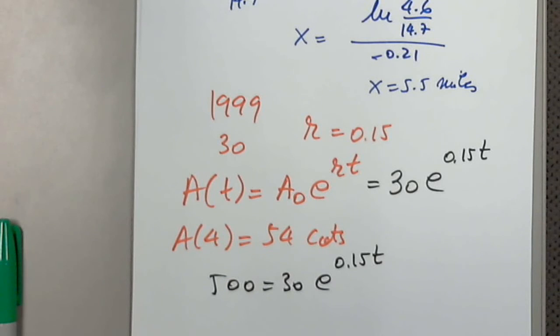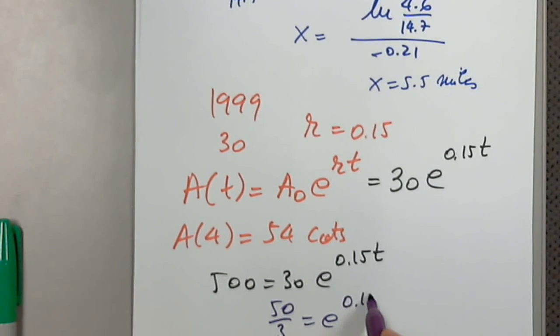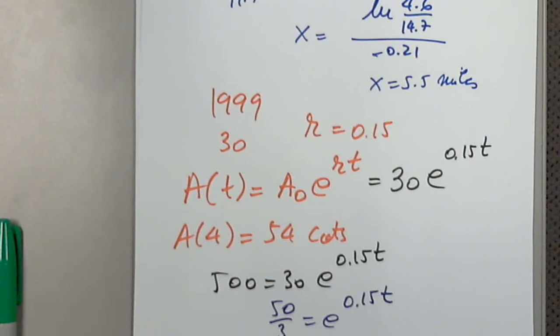First, I'm looking at it and asking, what is this? It's exponential. Then I ask myself, is it ready? The answer is no. So I have 50 divided by 3 equals e to 0.15t. Now, is it ready? Yes. I apply natural log.